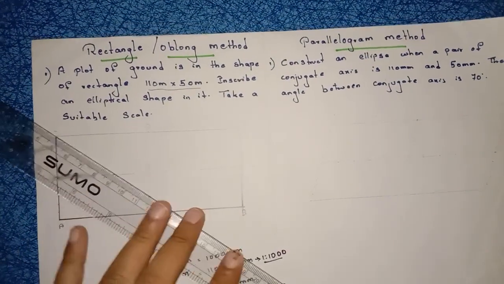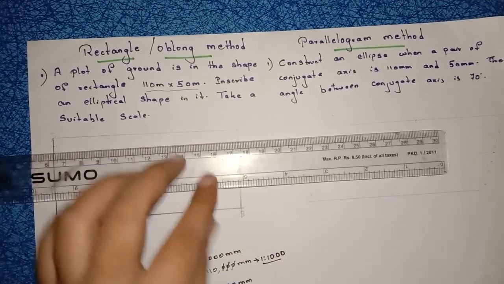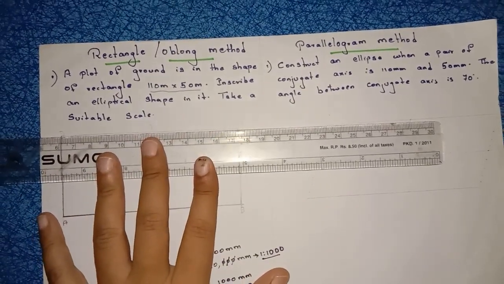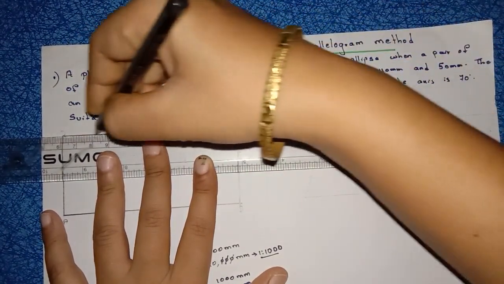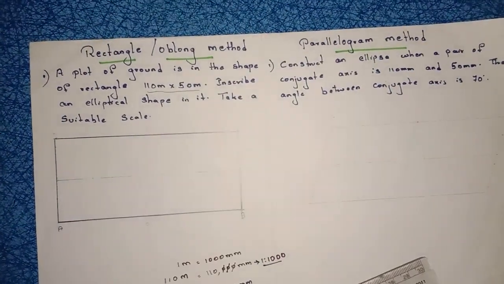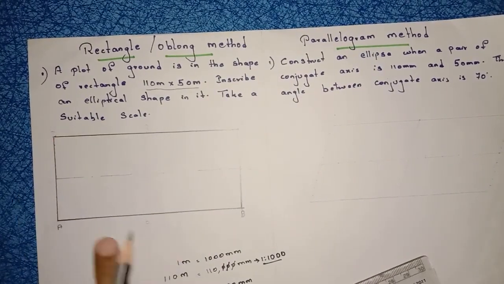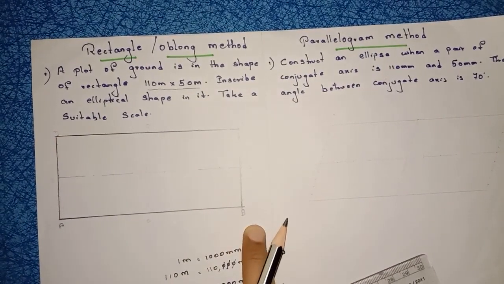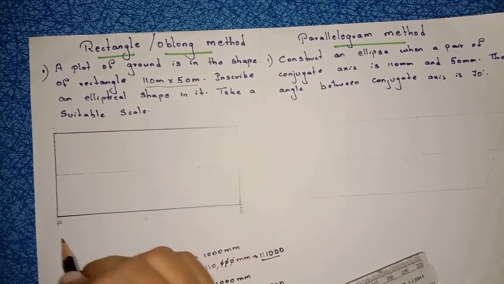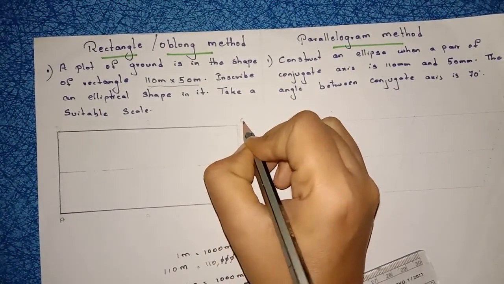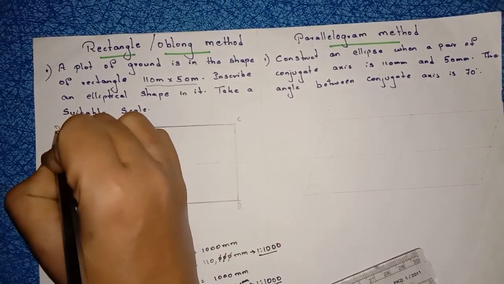Next join this. This is the rectangle method, so simply I am constructing a rectangle here. ABCD is a rectangle. AB length is 110 mm and AD or BC length is 50 mm. I am naming it A, B, C and D.